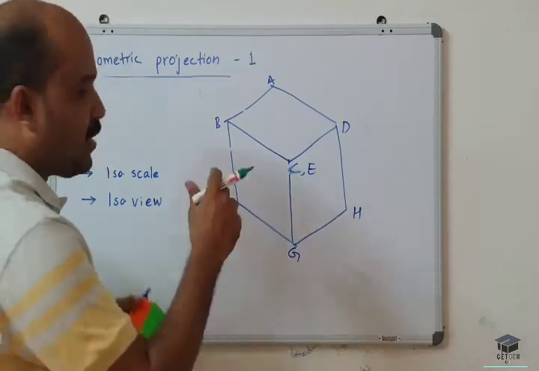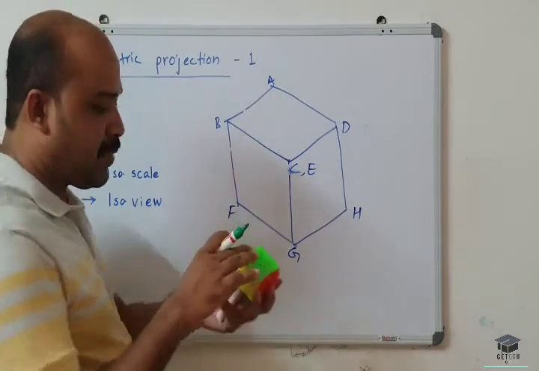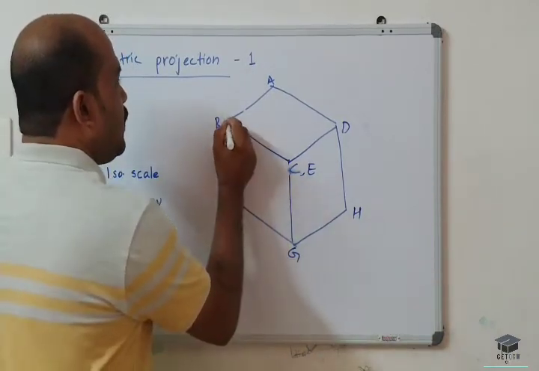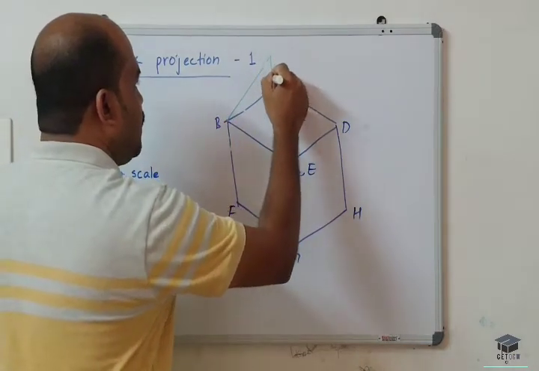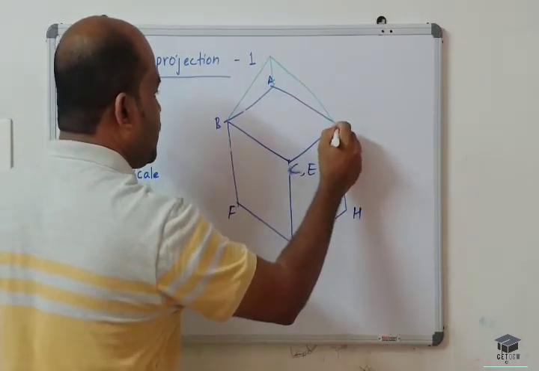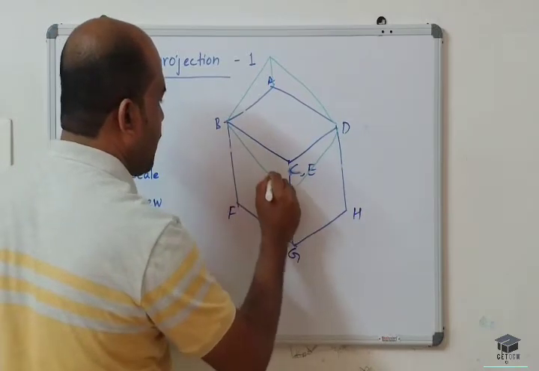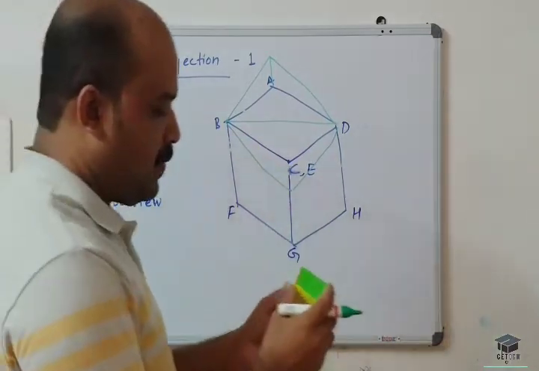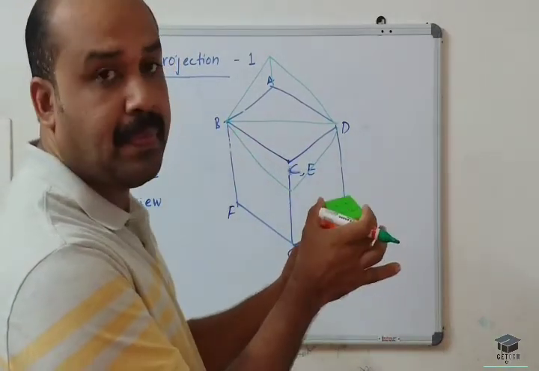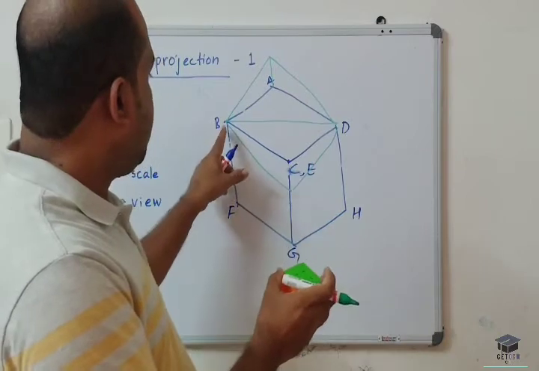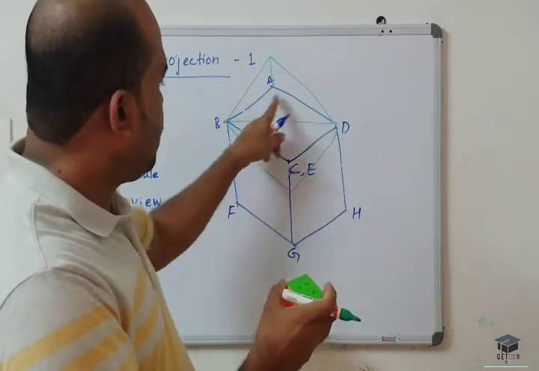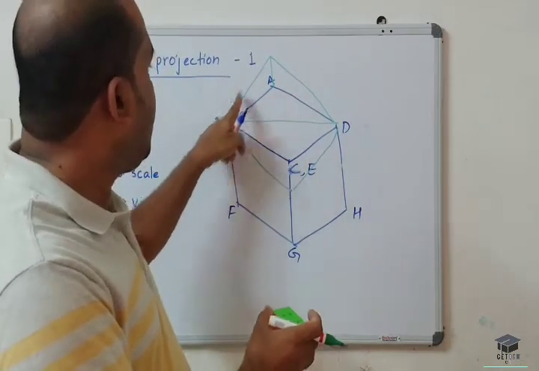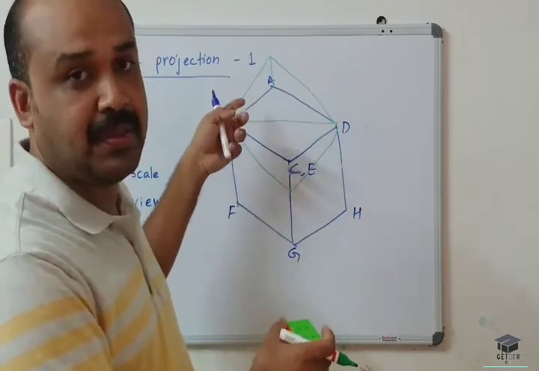Now we can redraw the original square here, the top face, in that particular position. So I am superimposing the original square here, so that the diagonal remains the same. The blue lines, the blue rhombus, represent the isometric position, and the green square represents the actual position.